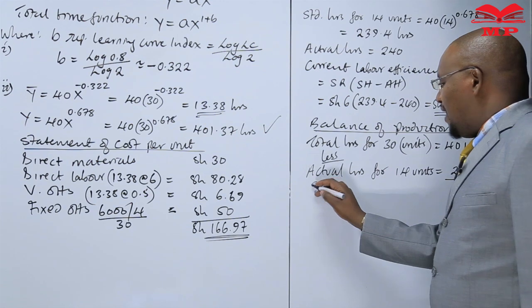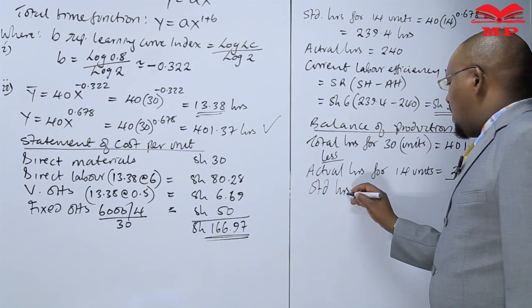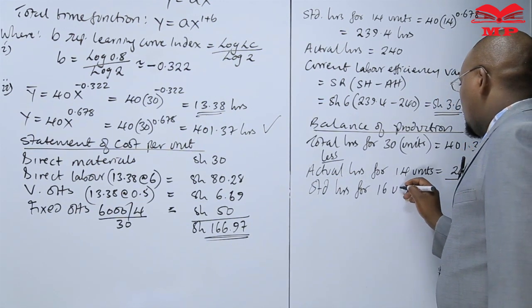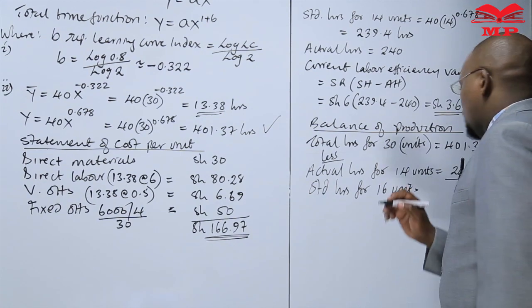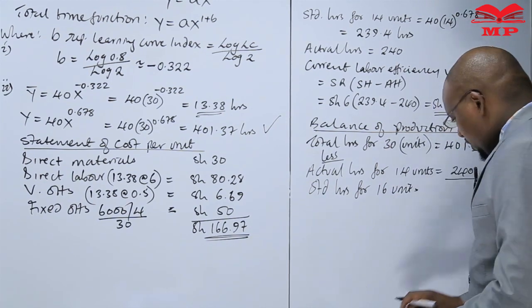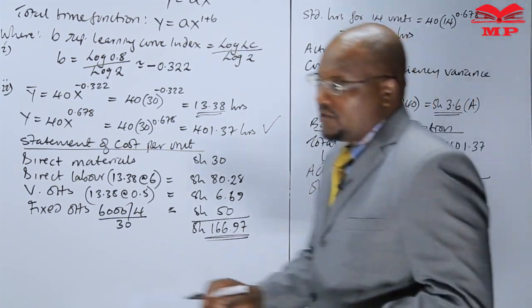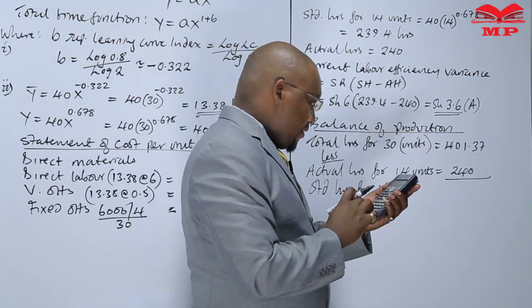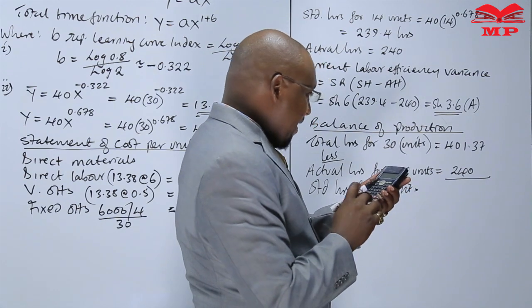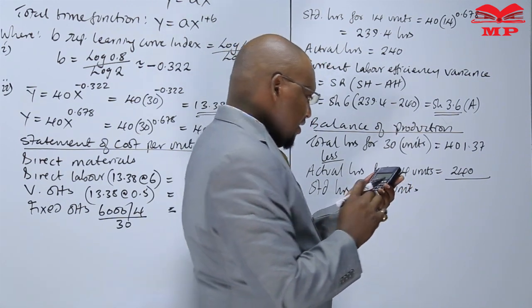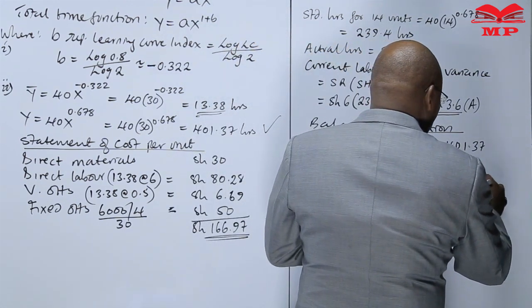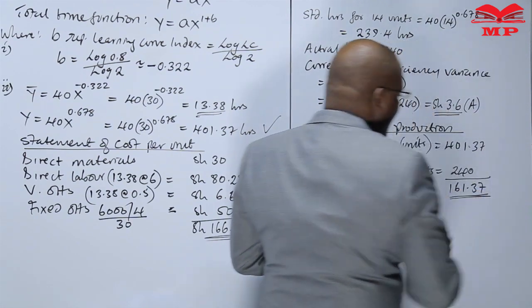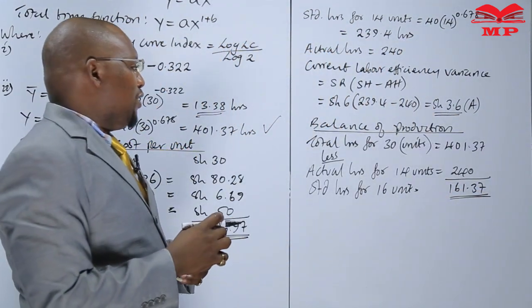So we expect the standard hours for the 16 units that we have not produced to be, if you do the calculation, 401.37 minus 240. This is 161.37. That is what we expect to use.